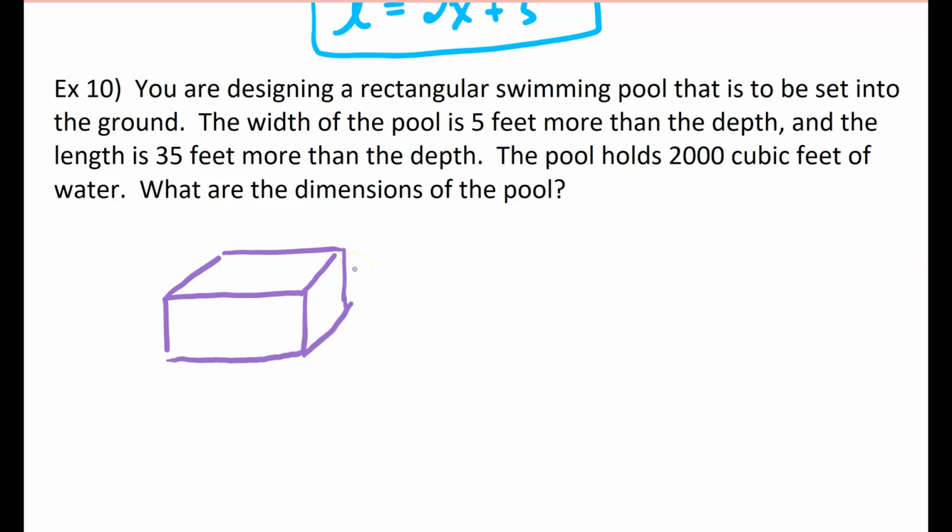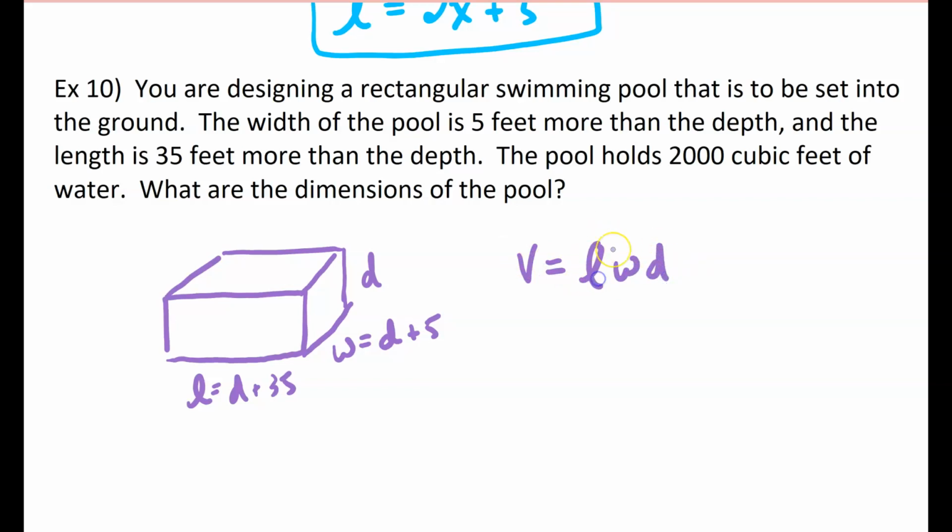All right, so I'll call this my length here. That's my depth, and I'll call this my width. Okay, and it says the width is 5 more than the depth. So D plus 5. The length is 35 more than the depth. So D plus 35. And it holds 2,000 cubic feet. So again, we know that the volume is equal to the length times the width times the depth.